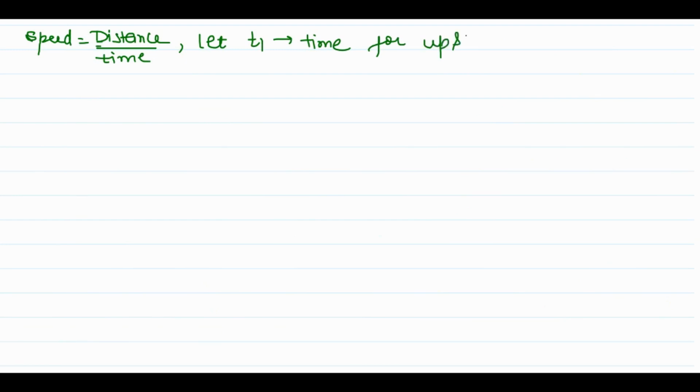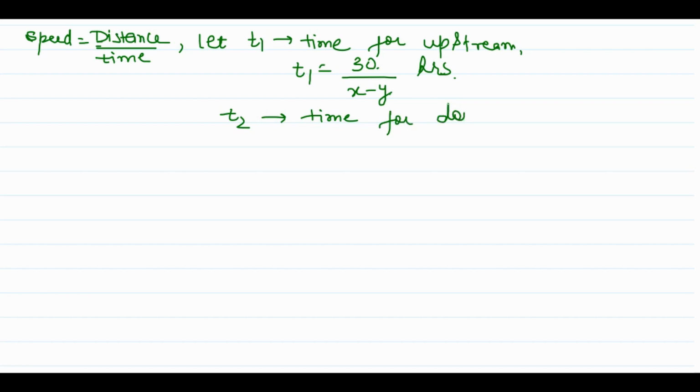For upstream, we'll get T1 is equal to, you are going 30 kilometers at a speed of x minus y. So it should be 30 upon x minus y hours. And T2 should be the time for downstream. So we will have T2 should be equal to the distance in downstream was 44 upon x plus y hours.